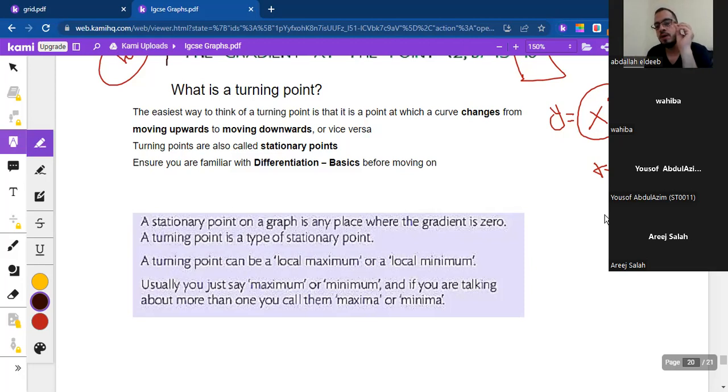Again, Yusuf, if he asks you, please find the local point, please find the minimum, the maxima, the minima, the stationary point, what should I do? Find what? dy over dx. Okay, yes, let's complete.